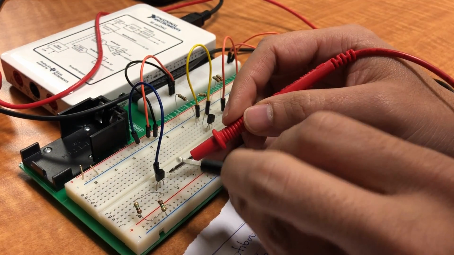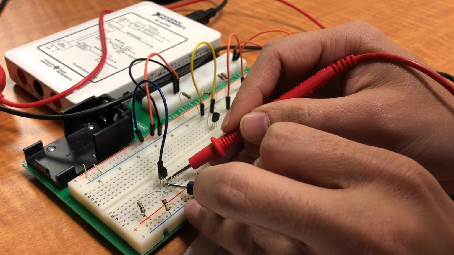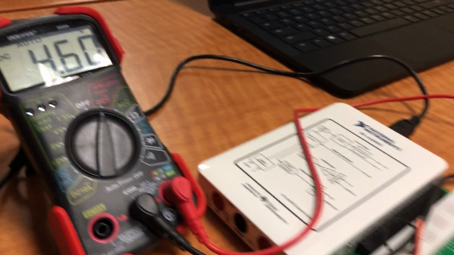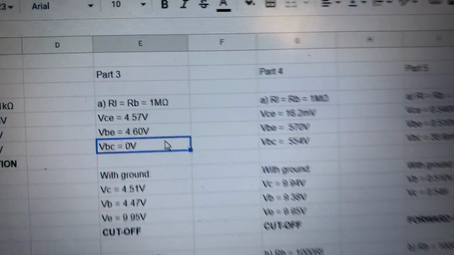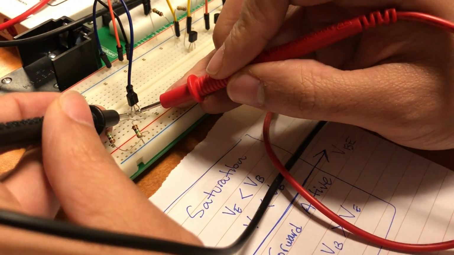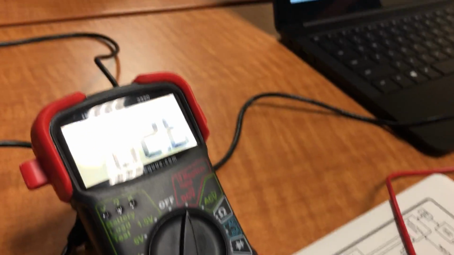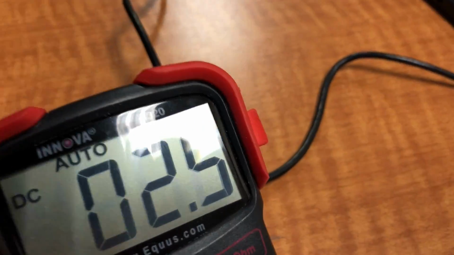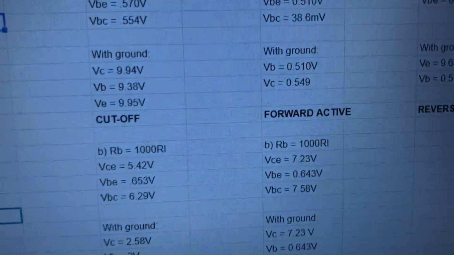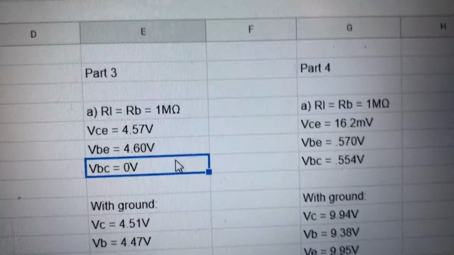Okay, and now VBE, and VBC. It's 0.26 millivolts, and we have it here at 0 volts.